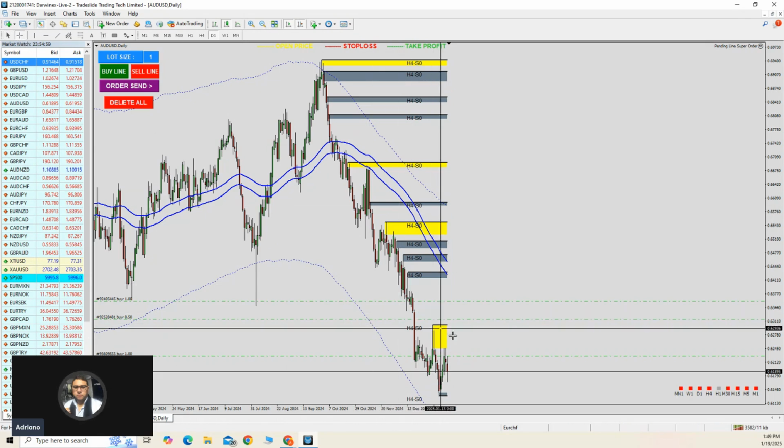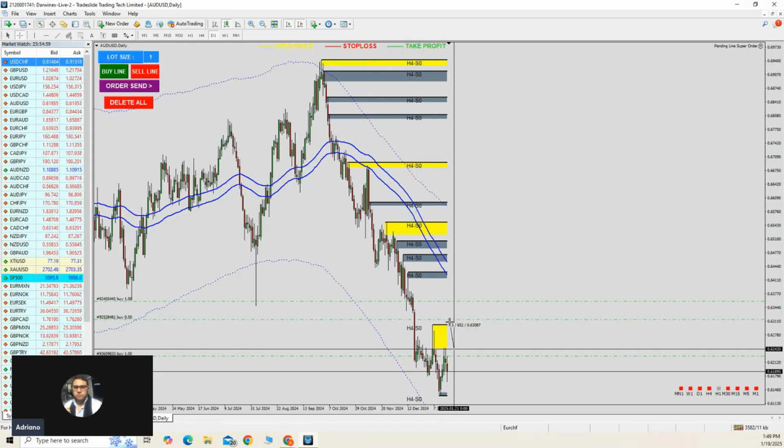So on this one here it will be a 65 pips stop loss for 120 pips.